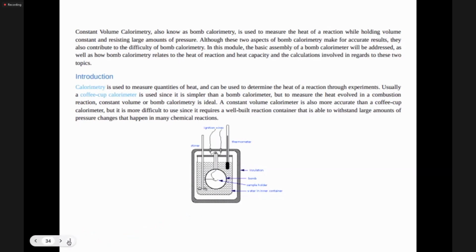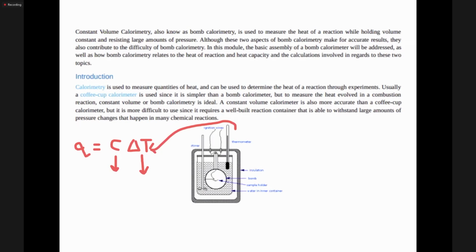Because according to the equations we talked about in the last class, Q, the heat, is equal to C into delta T. So if we have an idea about the value of C, and if we can calculate the change in temperature of the system using this thermometer, the thermometer shows us the change in temperature, and if we know the heat capacity of the system, then we can calculate Q as C into capital delta T.